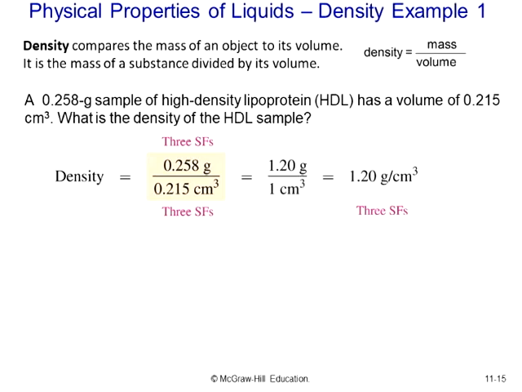What is the density of HDL sample? We take the grams, we divide it by the volume, and we punch the numbers through, and we get the answer. Okay? That's how we do it. It is that straightforward. Mass over volume. Don't second guess it. That's how we do a simple density calculation.